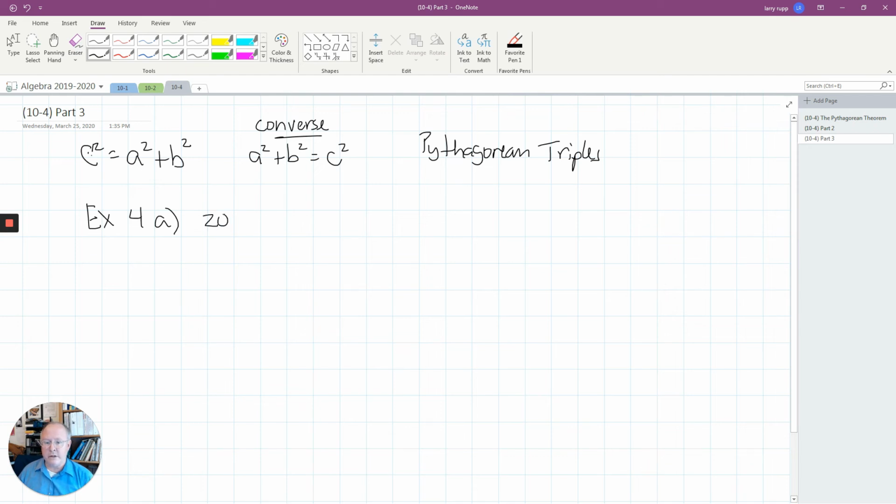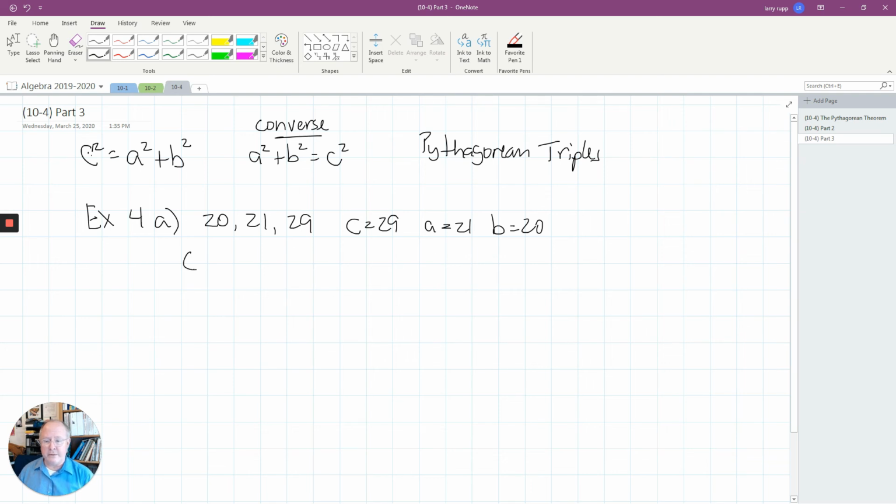So we have 20, 21, and 29. Looking at this, we know the longest side is 29, so c is going to be equal to 29. Once we designate c, it does not matter which of the other two we put to a and b. a can be equal to 21, b can be equal to 20.